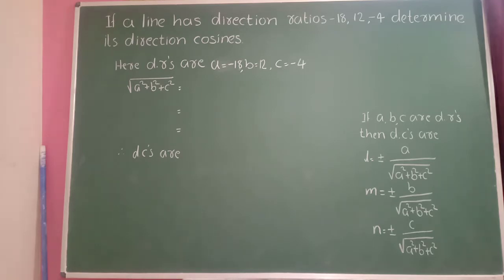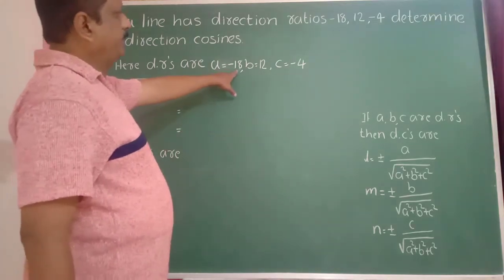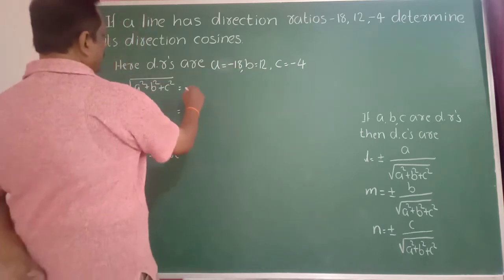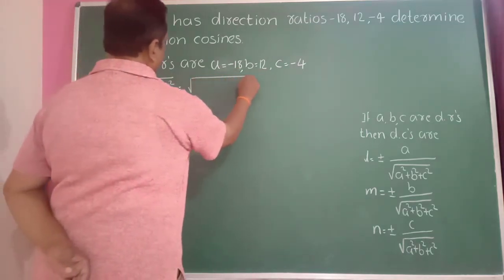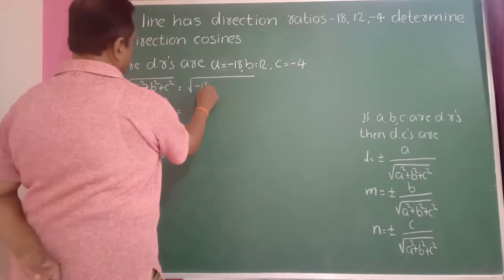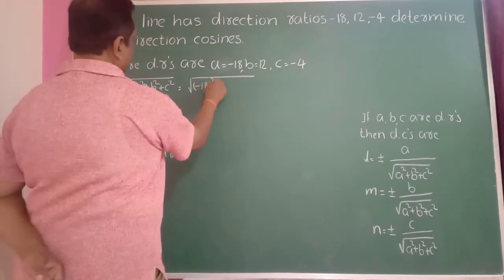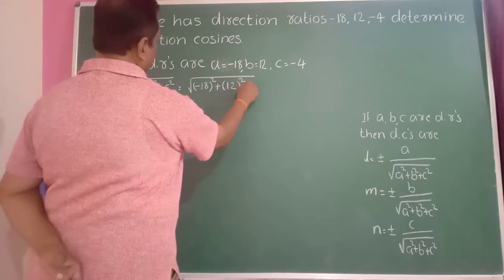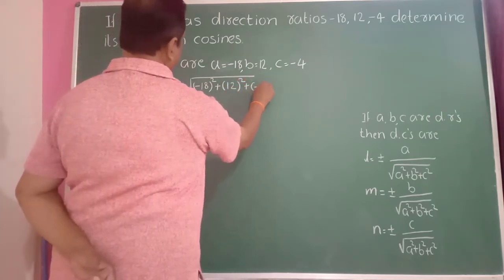So same type of example, if a line has direction ratios minus 18, 12, minus 4, determine its direction cosines here. Hence a value is minus 18, b value is 12, c value is minus 4. Therefore root of minus 18 square plus 12 square plus minus 4 square.